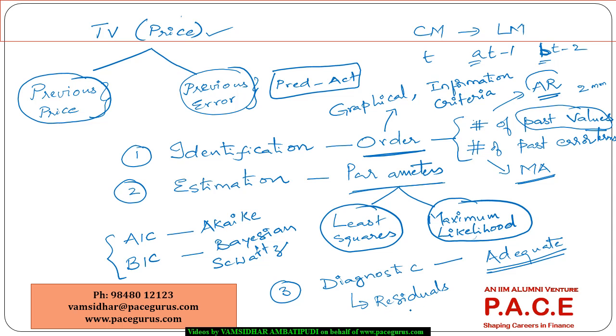We see whether the residuals are behaving as white noise or not, which means the residuals, the error terms that are coming up, should not have any kind of dependence within the residuals. The residuals are completely independent of each other. So that is what we do as a part of the diagnostic checking exercise.